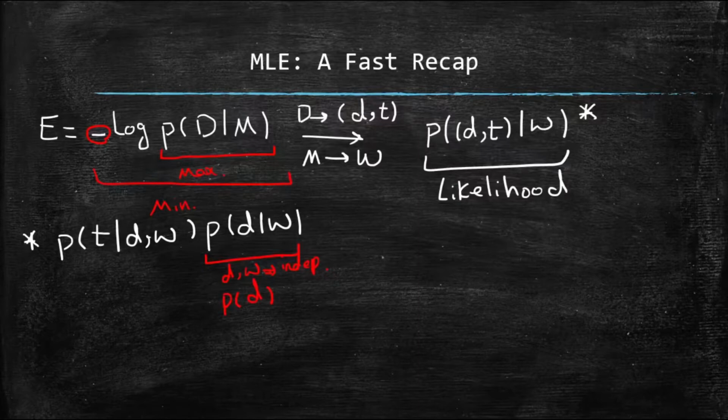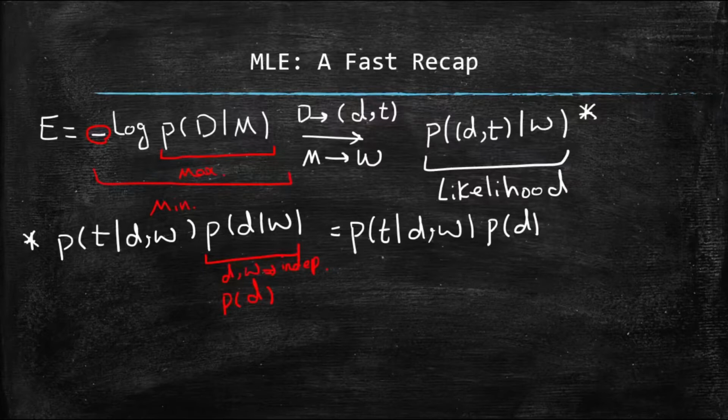So this whole thing would be equal to the probability of T given D and W, multiplied by the probability of my observation, D.